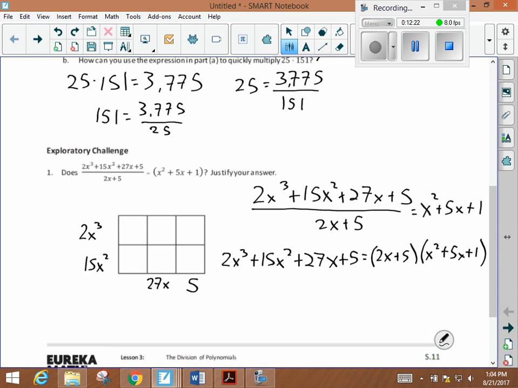All right, so that says that our answer to this, or the product of 2x plus 5 times the quantity x squared plus 5x plus 1 is equal to, right there on the outside, 2x cubed plus 15x squared plus 27x plus 5. All right.